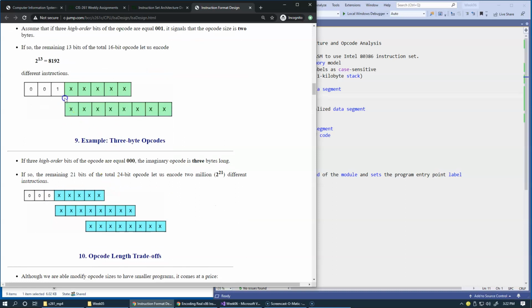And then if we have 3 bits set to 0, changing this bit to 0, we can then expand into a 3-byte size instruction. So then these X bits that are marked with X's become 21 unique bit fields. So this will give us approximately 2 million different instructions.